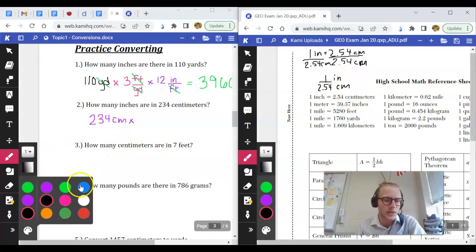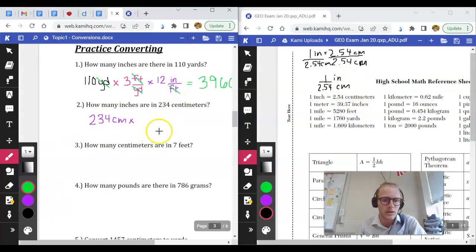So I'm going to come over here. Let's use green now because we're in our final destination. Times 1 inch over 2.54 centimeters.